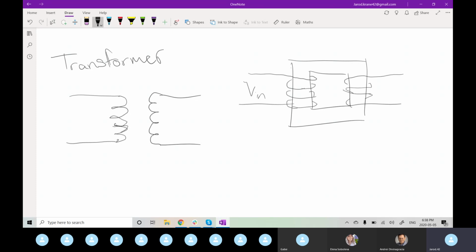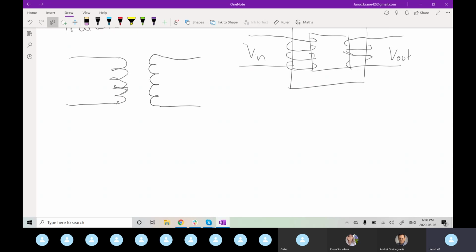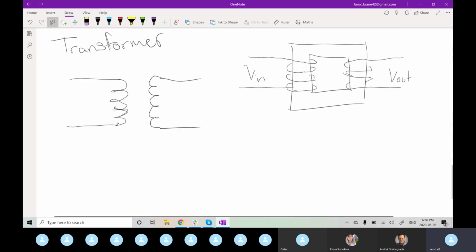So you'll have a V in, a V out, depending on how many coils, how many turns you have on one side versus the other. So if you have a 20 turn and then only a 4 turn, you'll have a voltage drop. And if you were to change it the other way, you can do 4 to 20. You can create voltage increase or decrease based off the transformer.